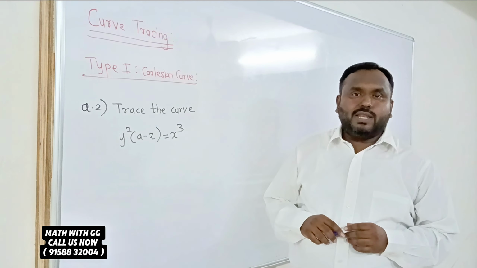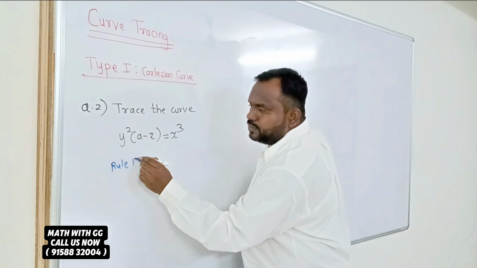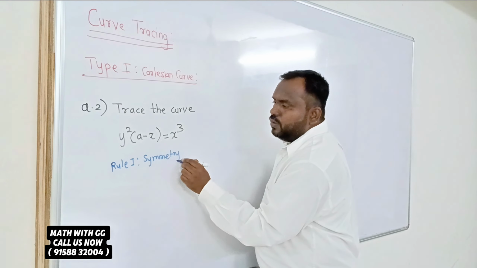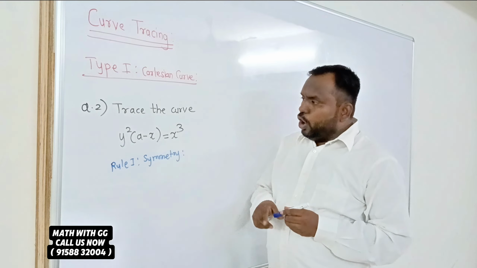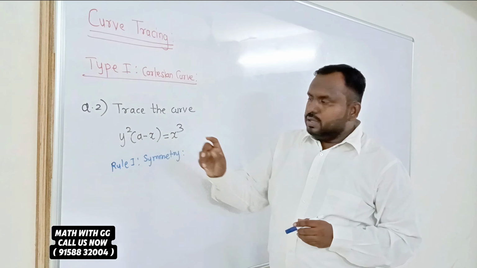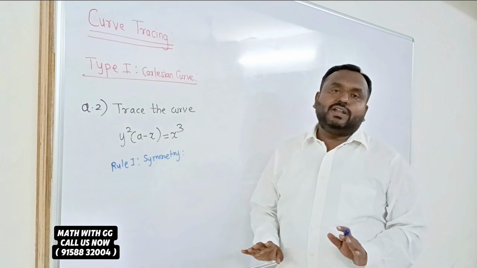First, rule number 1 is symmetry. For a Cartesian curve, if we want to check the symmetry, we check the degree of x and y. If you observe, the terms of y have even degree, while the terms of x have odd degree. So only the terms of y have even degree.